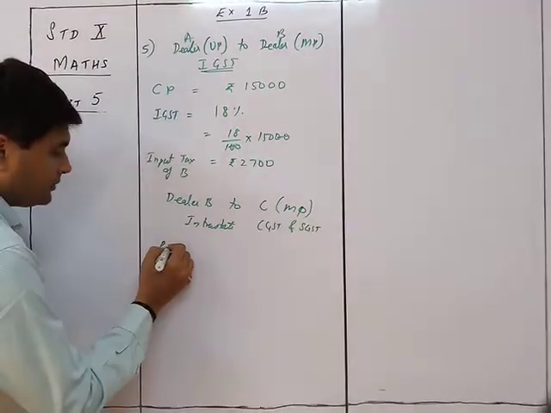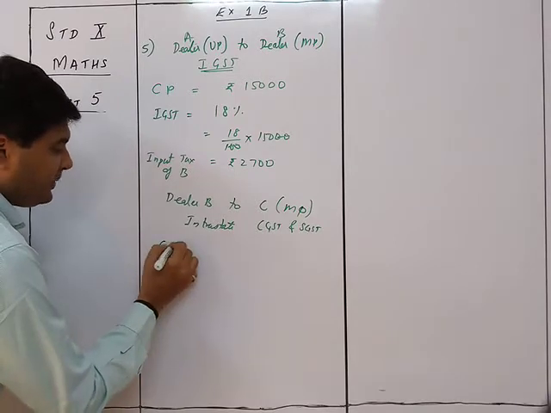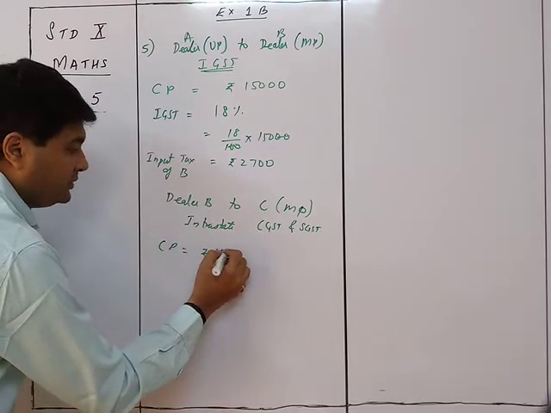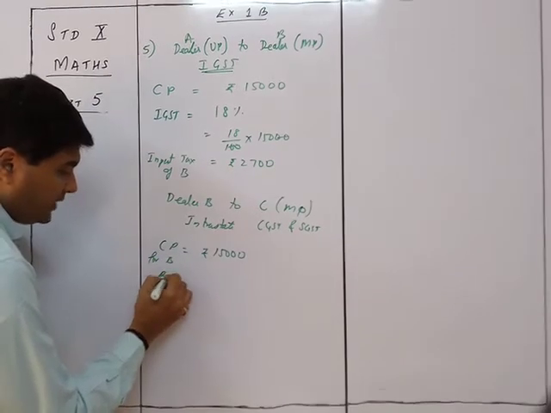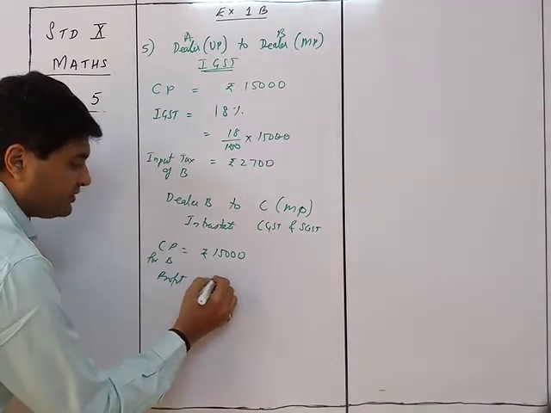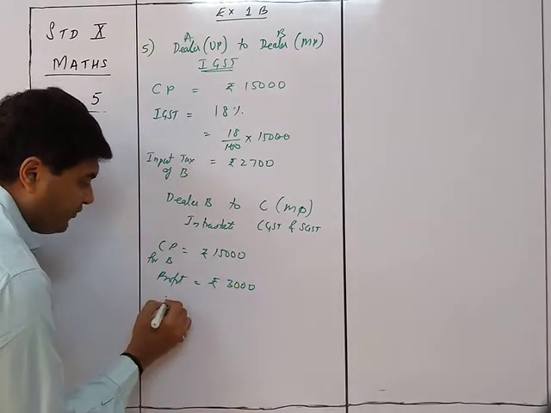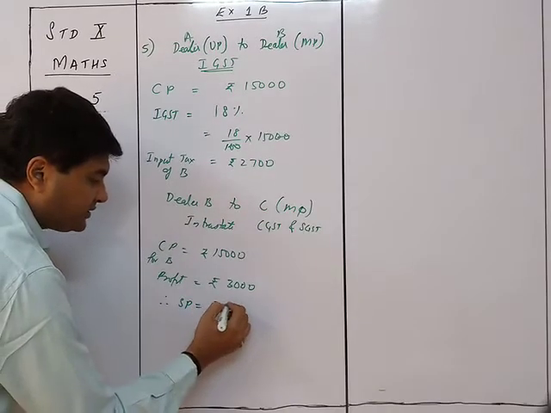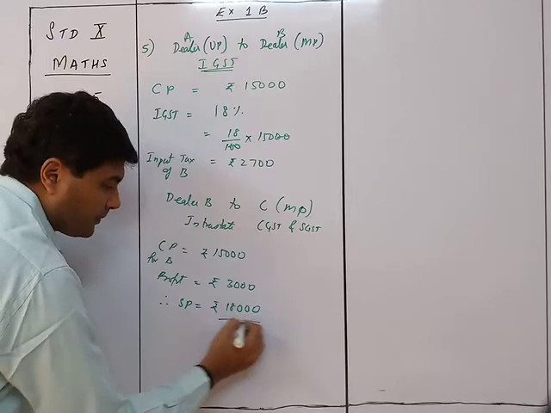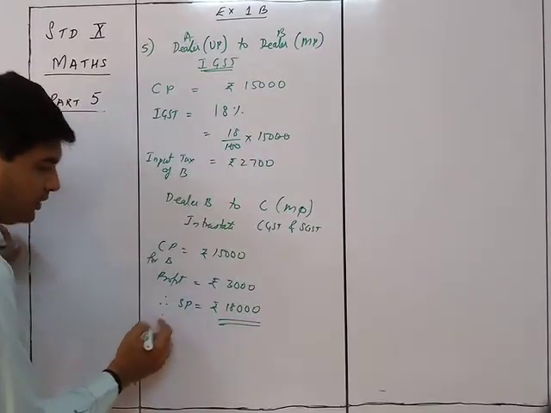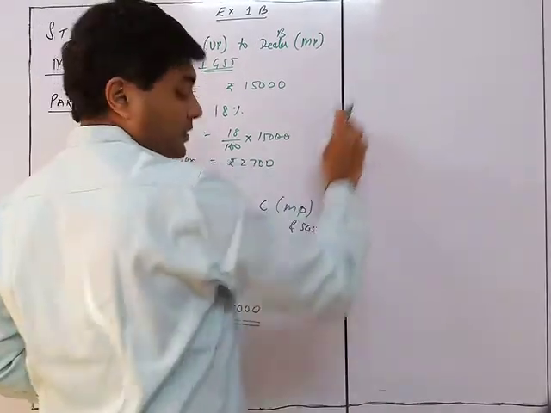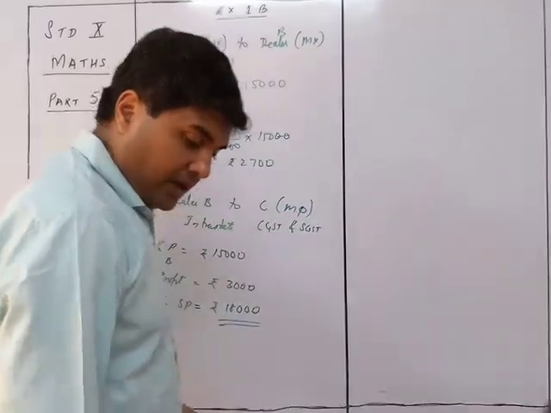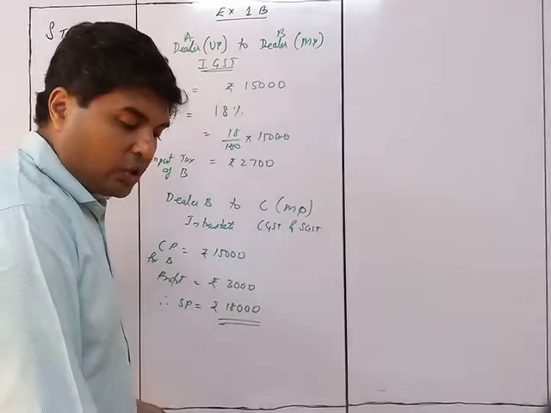First of all, the CP is equal to rupees 15,000 for B. Profit is equal to rupees 3,000. Therefore, SP is equal to rupees 18,000. SP of B.